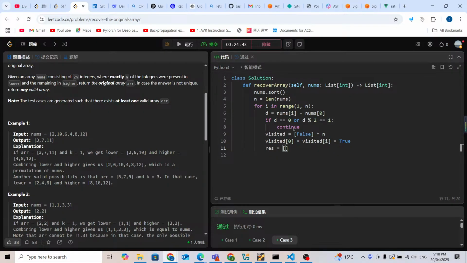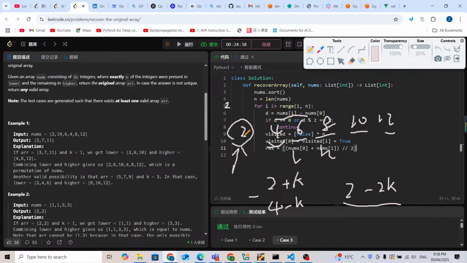And we're going to prepare a result array. It's going to be nums[0] plus nums[i] divided by 2. Because this number plus this number divided by 2 is our result. For example, 2 plus 4 divided by 2 is going to be 3. 3 is going to be the final result.